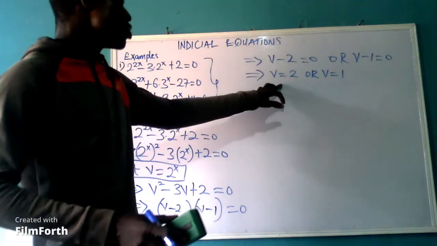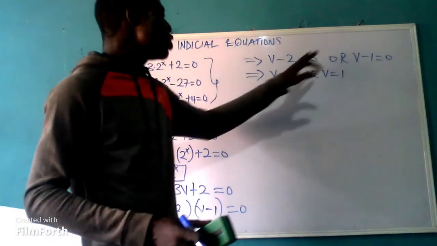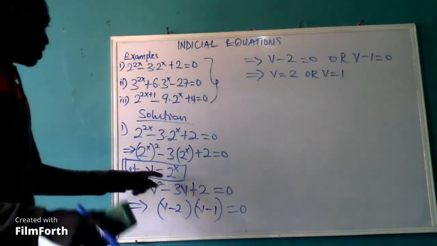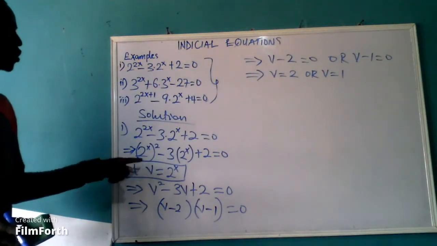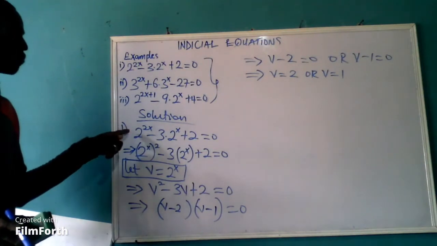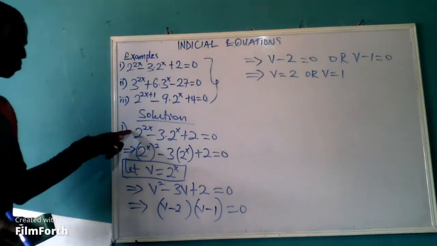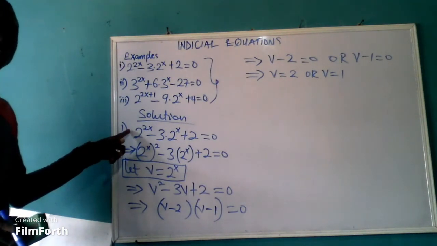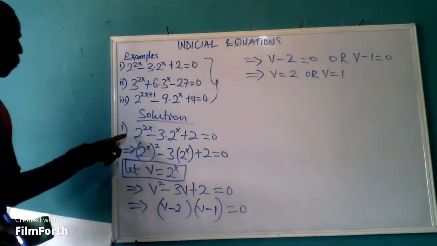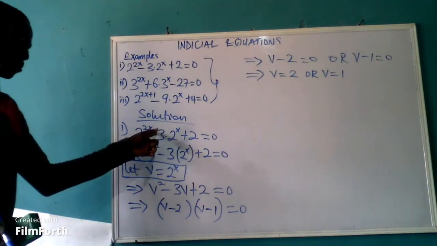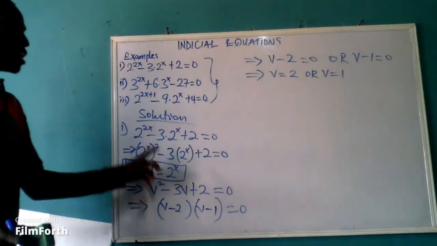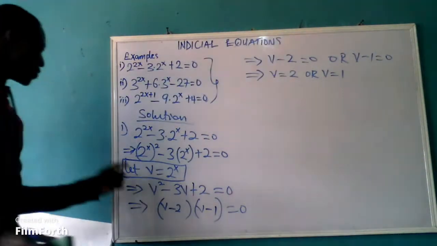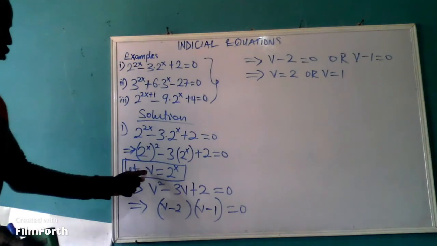So we're going to substitute these values for v one after the other into this equation, because don't forget, in the original given equation there is no variable v. In the original given equation we are dealing with x, so we must substitute the value of v back into this assumption.